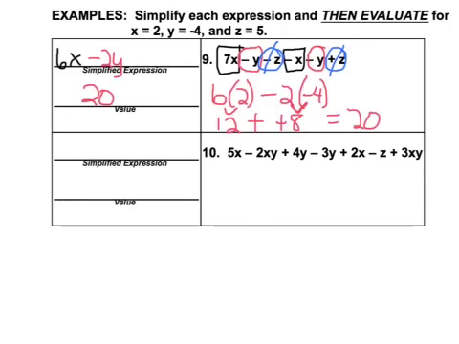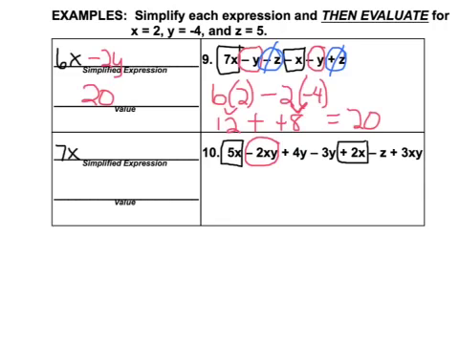Let's do one more. I have a problem here, so write it down: 5x minus 2xy plus 4y, and so on. So let's start with the 5x and look for anything that has just one x, and I see that I have it here. I have a 5x plus 2x, so that makes 7x. Then I have a negative 2xy.